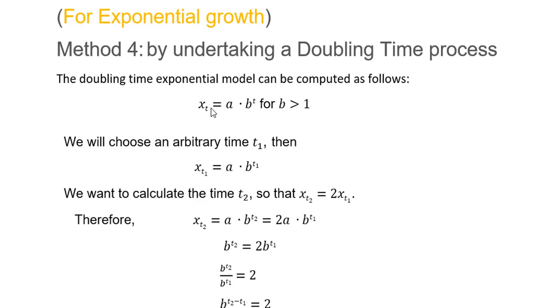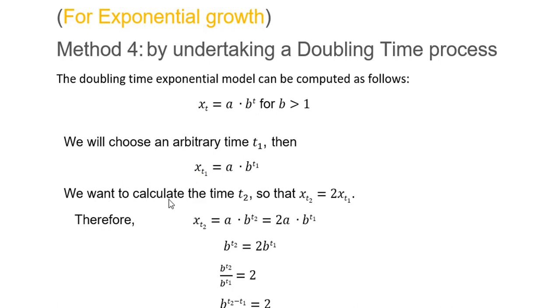Suppose x(t) equals a times b to the t's power for b greater than 1. Because this is an exponential growth, that's the reason the base is greater than 1. We will choose an arbitrary time t1. Then x(t1) equals a times b to the t1's power.